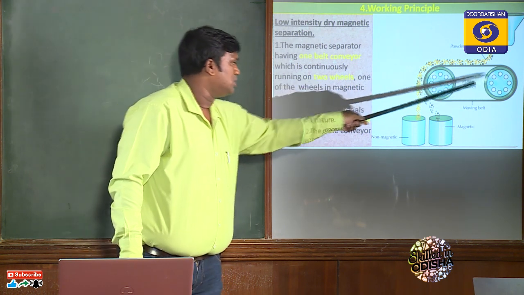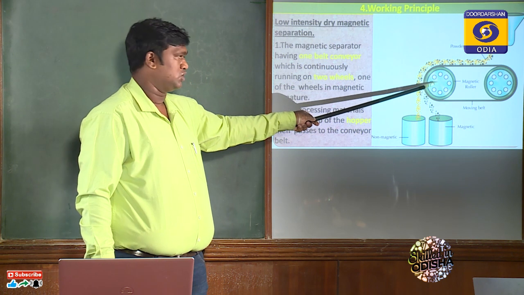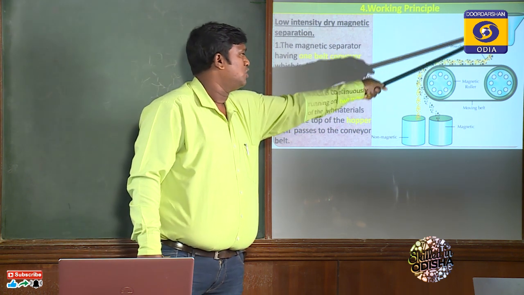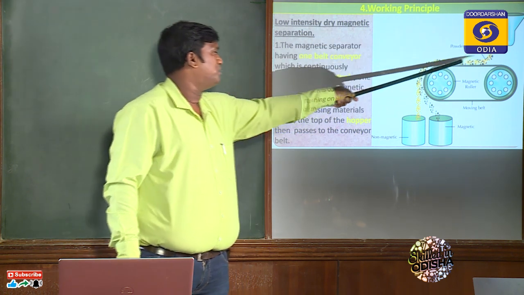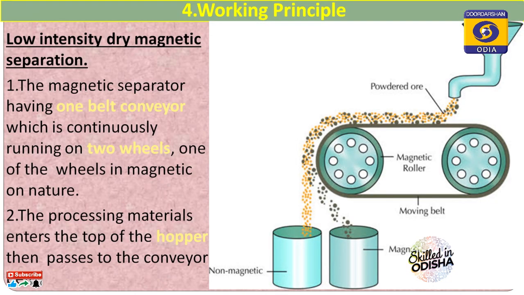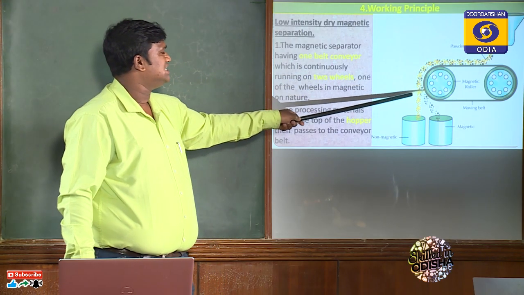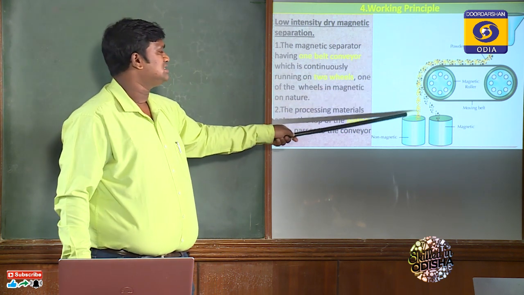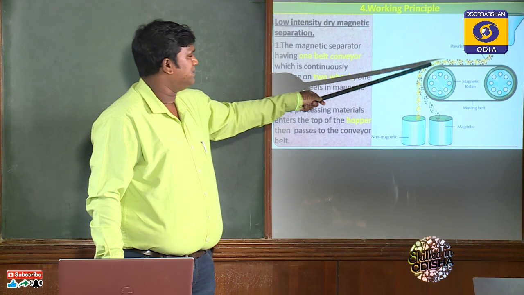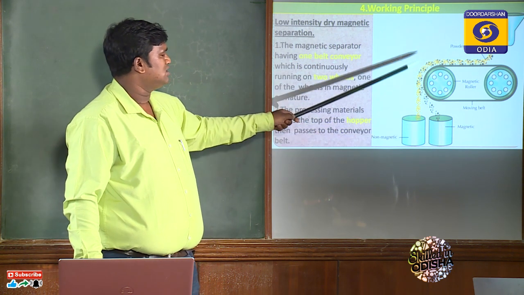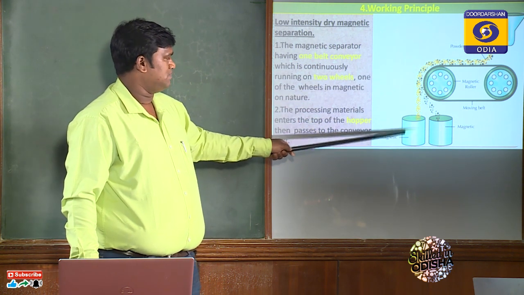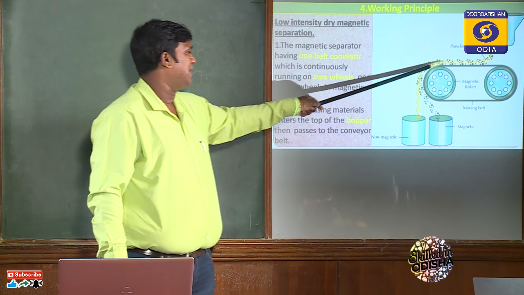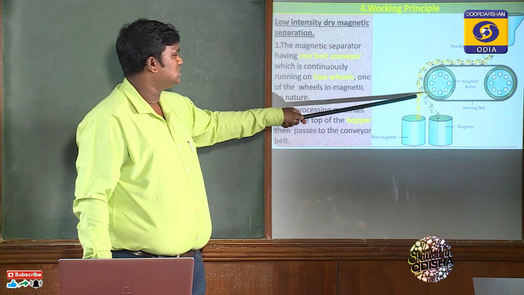Among the two rollers, one roller is magnetic. When the ore passes from the feeding hopper and comes under the contact of the magnetic roller, the magnetic particles stick to the roller, and the non-magnetic particles, by their own gravity, flow directly to the non-magnetic box.